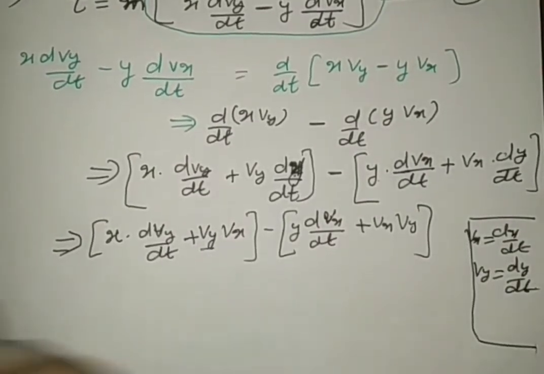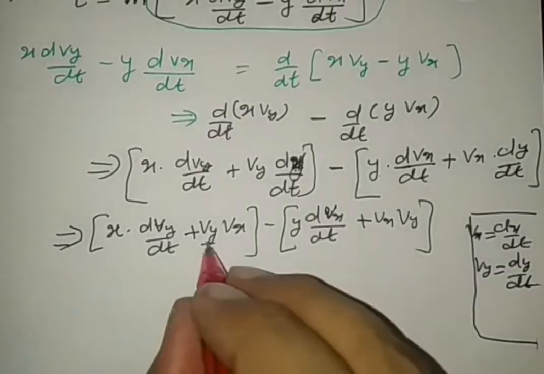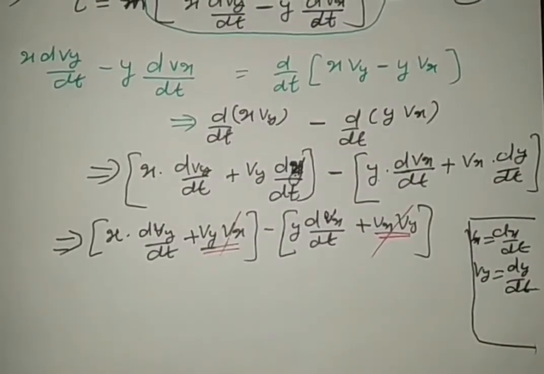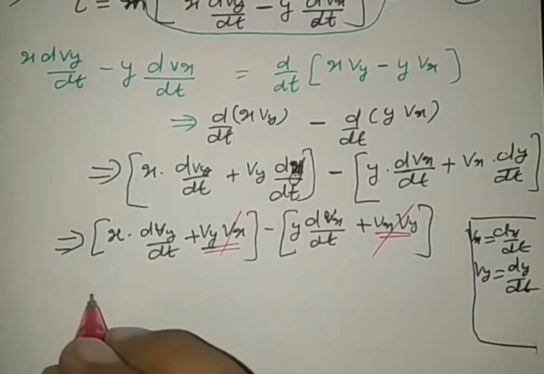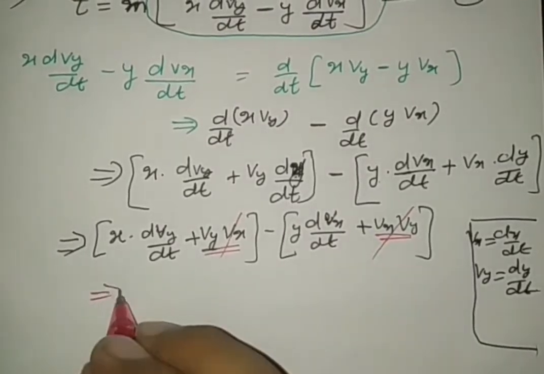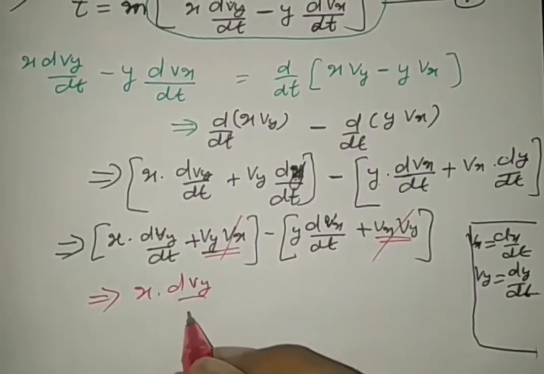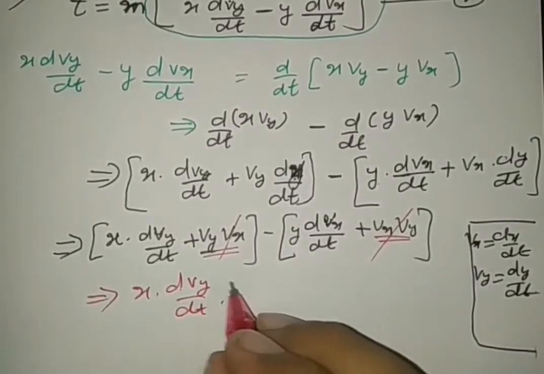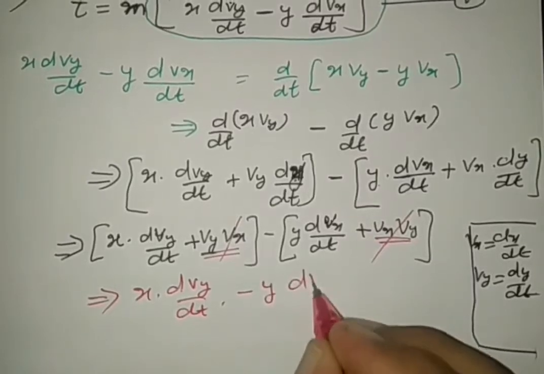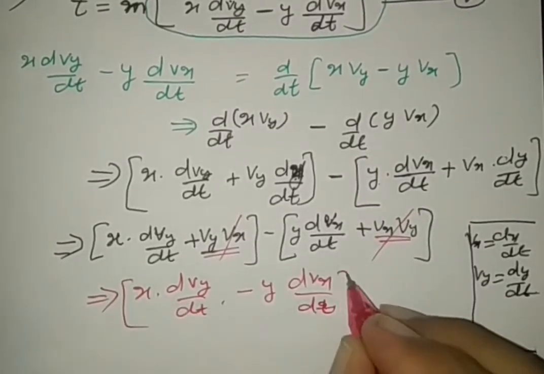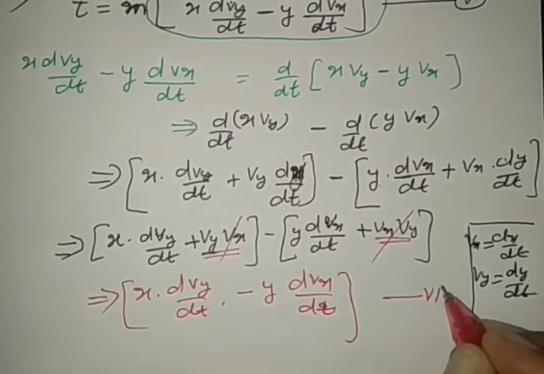See, both these terms, marked by the red color, are equal and cancel. So the remaining terms are x dvy by dt minus y dvx by dt. Let it be represented by equation 6.